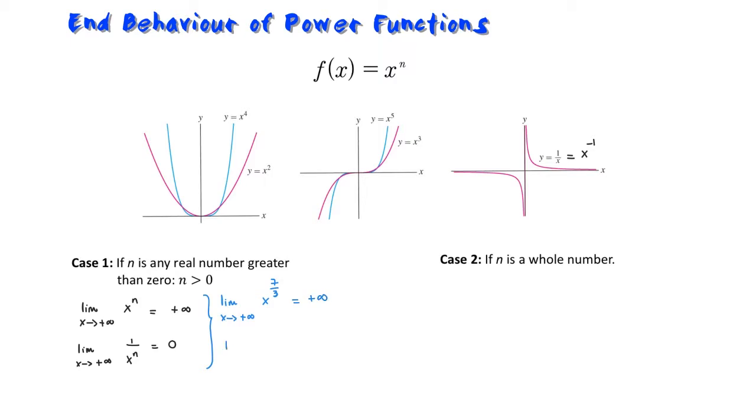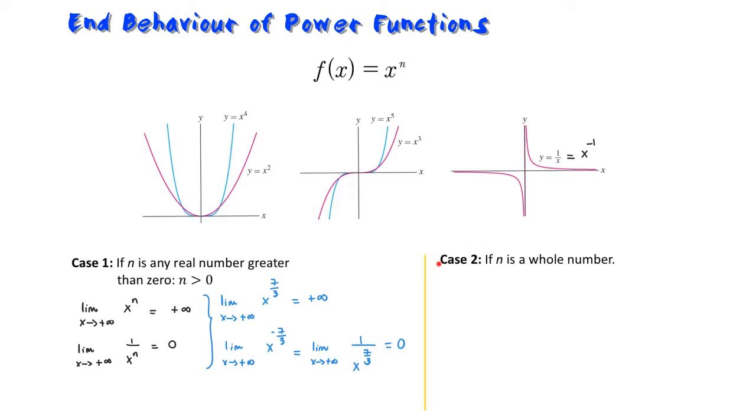And if you encounter something like the limit as x approaches positive infinity of x^(-7/3), don't let that scare you away. You know that you can rewrite that negative exponent as 1 over x^(7/3). And now you do have a power with a positive exponent. So then you know this result right here. You know that this limit is going to end up being 0.